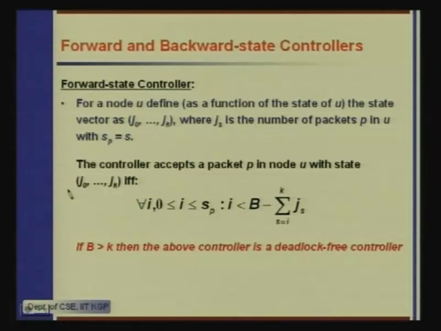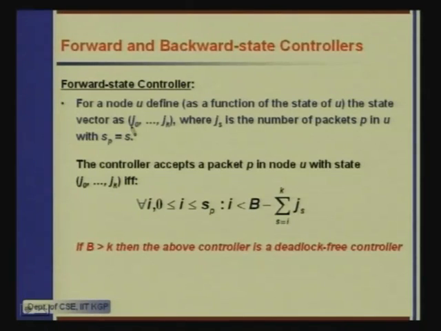Another interesting variant is what is called a forward state controller. What we do here is that instead of just keeping the number of free buffers, we store more information like this. For a node u, define as a function of the state u, the state vector as j0 through jk, a k plus 1 dimensional vector, where js is the number of packets p in u with sp equal to s, okay.